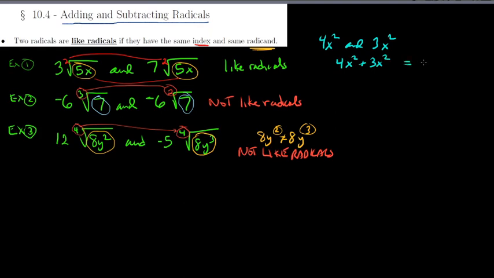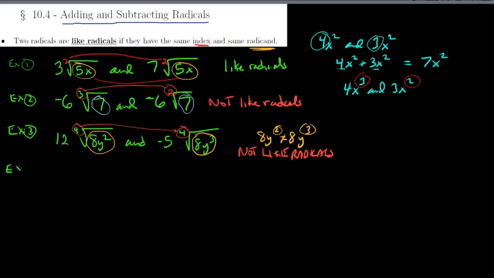Sure. That's just 7x squared. These are like terms, even though the 4 and the 3 are not the same, they're the coefficients. They're the things in front. But if I have, let's say, 4x cubed and 3x squared, now these are no longer like terms. Now we can't add them because the exponents are different. So that's kind of what we're doing here, but with radicals.